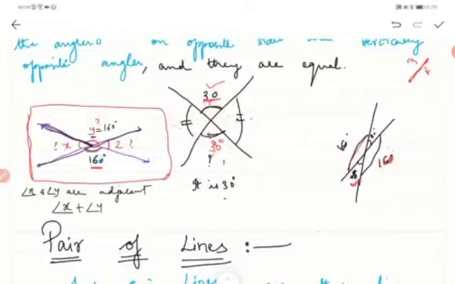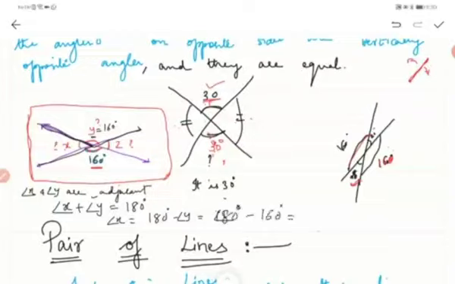Angle x plus angle y will be equal to 180 degrees for a linear pair. We know angle y, so angle x will be equal to 180 minus angle y, that is 180 minus 160. How much will you get? It is 20 degrees, isn't it?